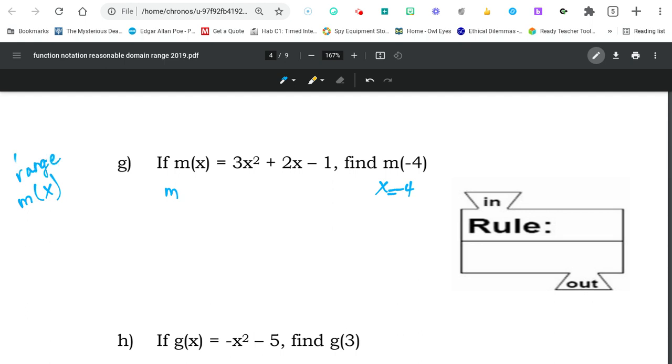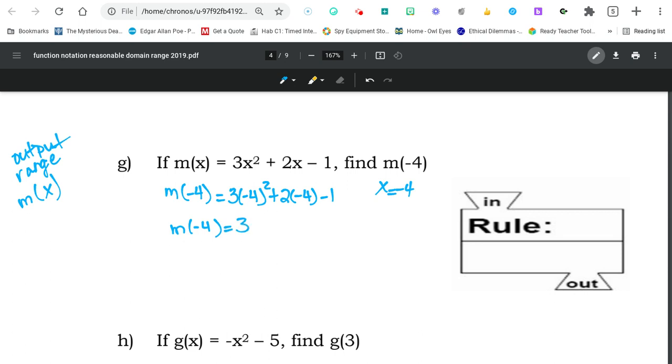Again, just trying to reiterate that, it doesn't matter what your variables are, okay? So I'm going to put m evaluated at negative 4. This function evaluated at negative 4 is going to be equal to 3 times negative 4 squared plus 2 times negative 4 minus 1.